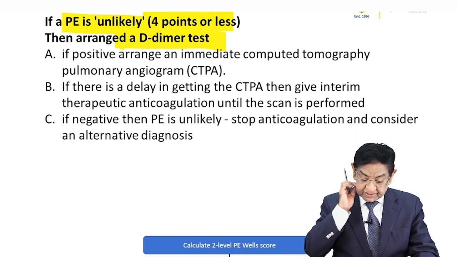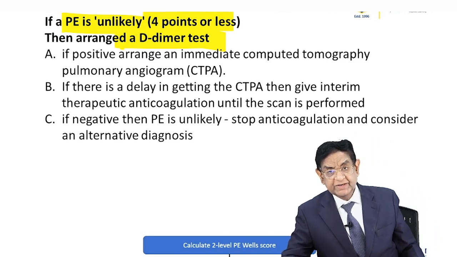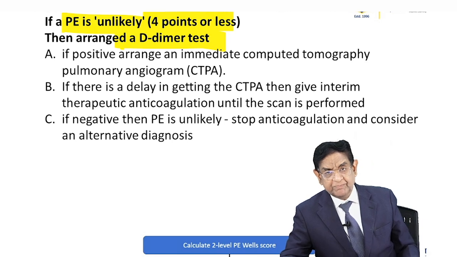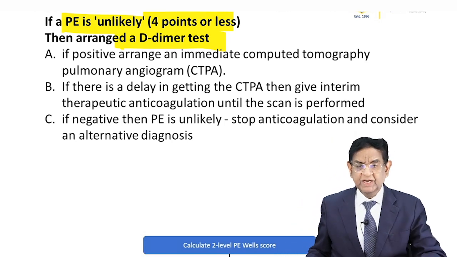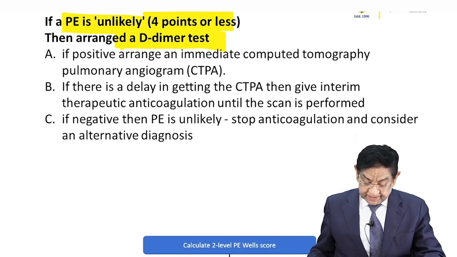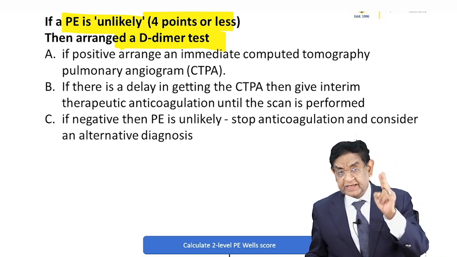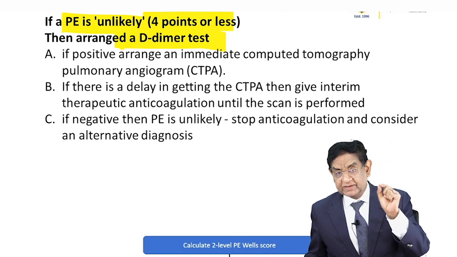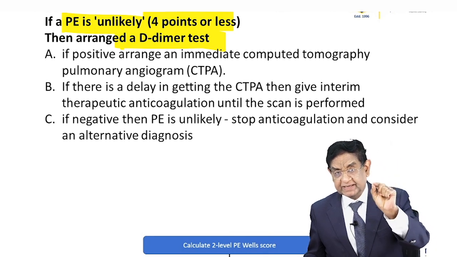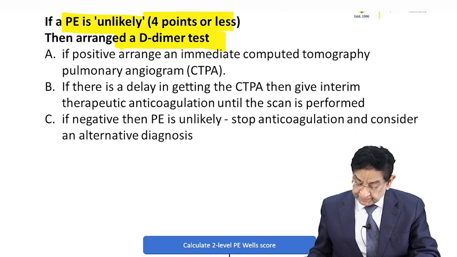In a case where we are strongly suspecting PE, we went for CTPA and we started oral anticoagulation. And in a case where the score is less than 4, we arrange for the D-dimer test. What is the D-dimer test? I'm going to discuss in a minute.